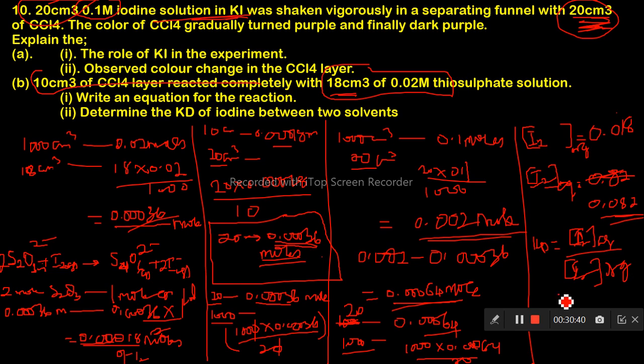So that is 0.082 divided by 0.018. So what's the final answer? 4.5, no, this is bigger than this. 4.556. So this is our KD and it doesn't have units.